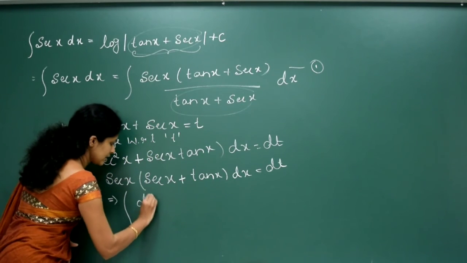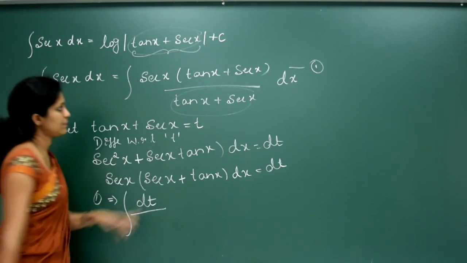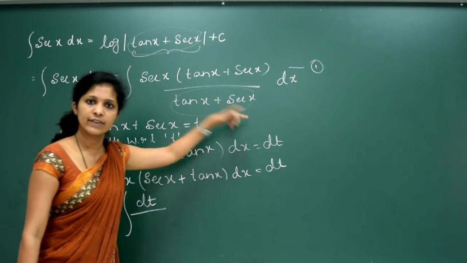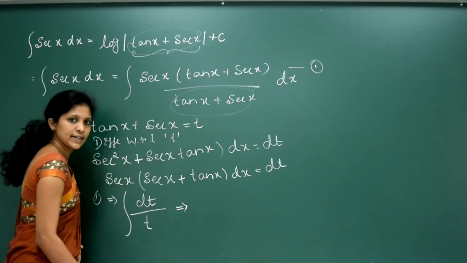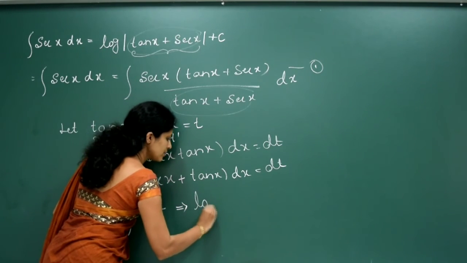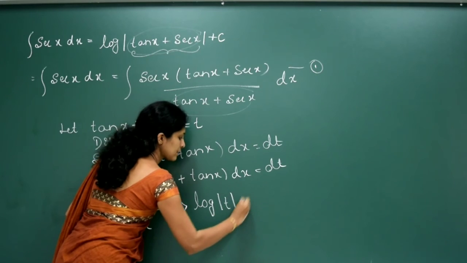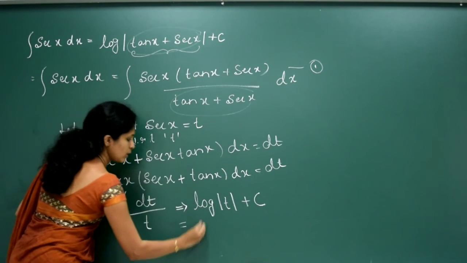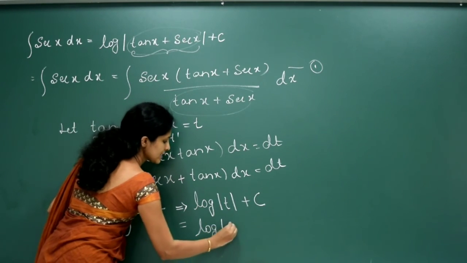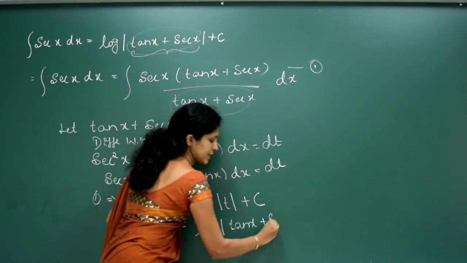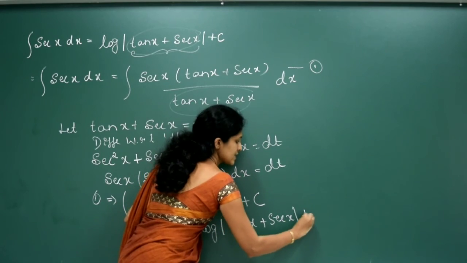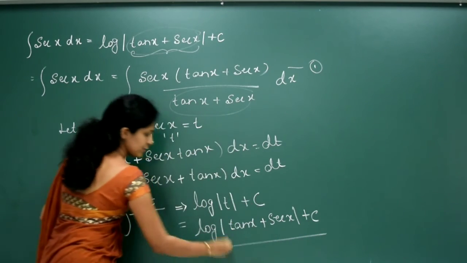So we'll substitute dt divided by tan x plus secant x. We had given the substitution as t. If you integrate this, 1 by t will be equal to log mod t plus c. So this is equal to log mod of tan x plus secant x plus c. So this is the third one.